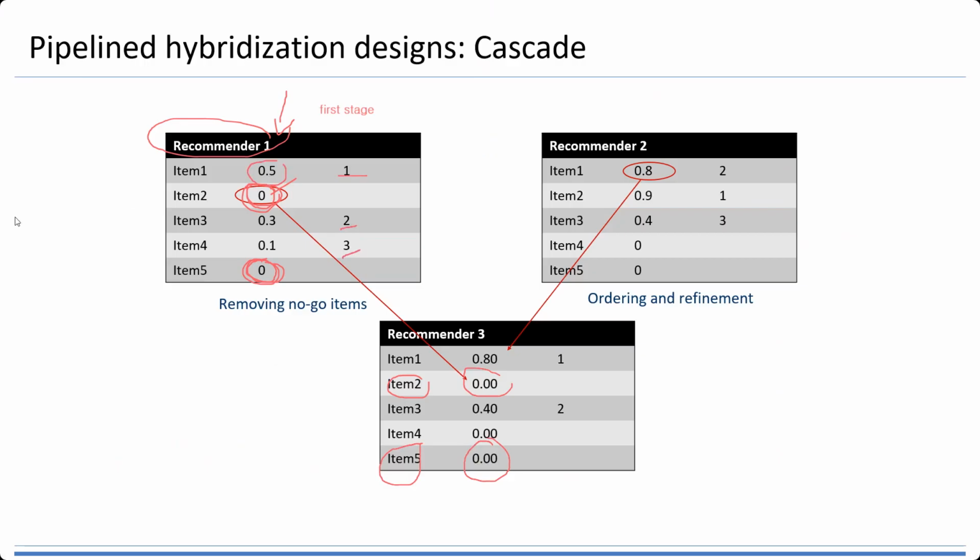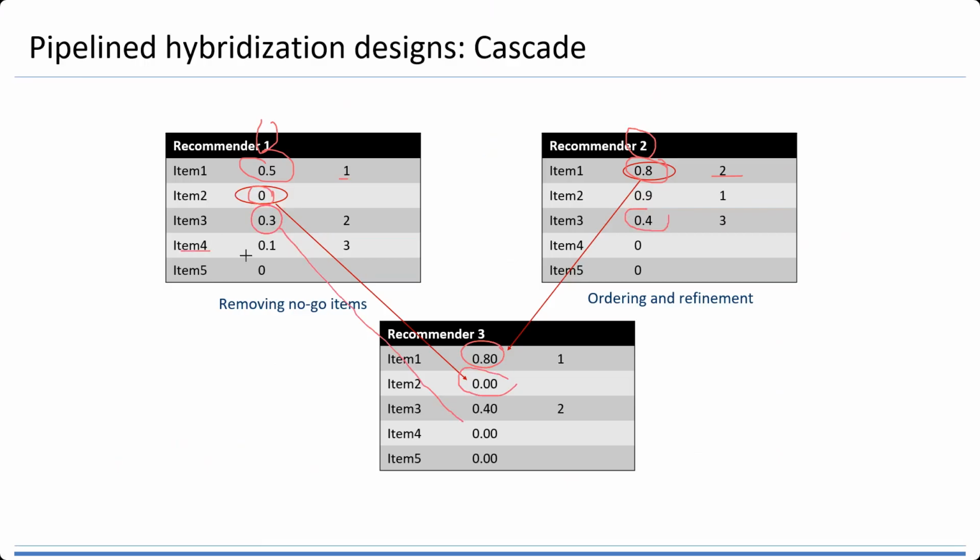So check the next one. Based on this, for rank number 1 we have the value here. Then we do the combination between item 1 in recommender 1 and item 1 in recommender 2. For item 2, because it is 0, just make it 0. For item 3, because we have 0.3 and here we have 0.4, let's make the combination.